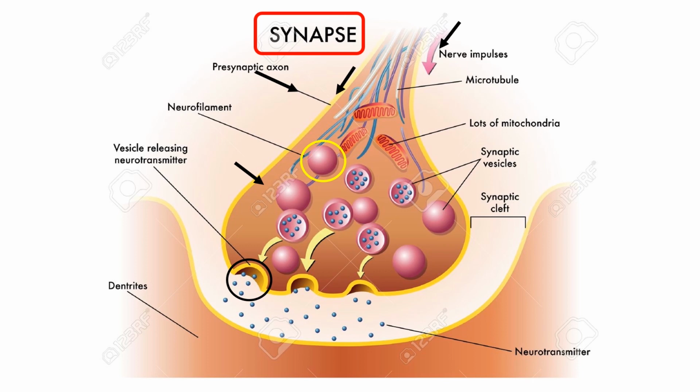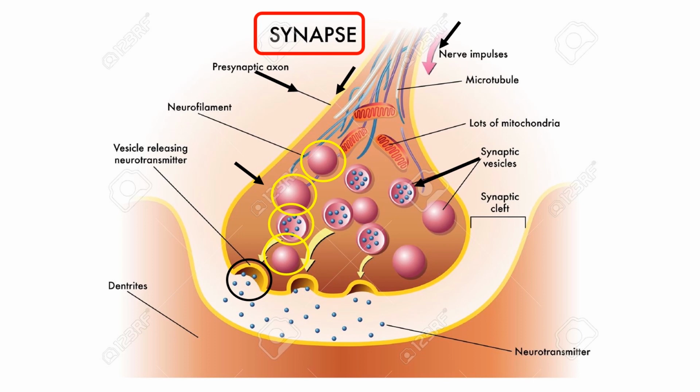This vesicle is approaching the end of the synaptic knob, holding the neurotransmitter. Then the wall of the vesicle is going to fuse with the plasma membrane of the last part of the axon, the synaptic knob, and opens to the interstitial space, and the neurotransmitter is released from the synaptic knob.